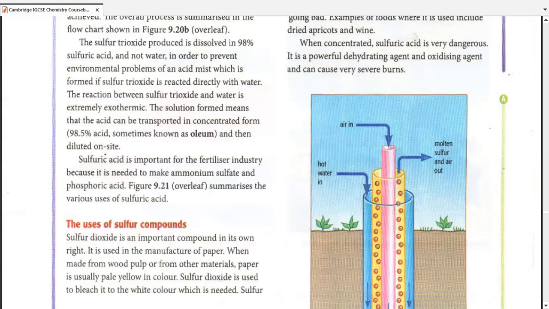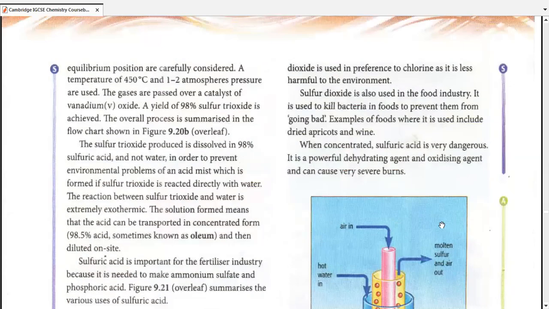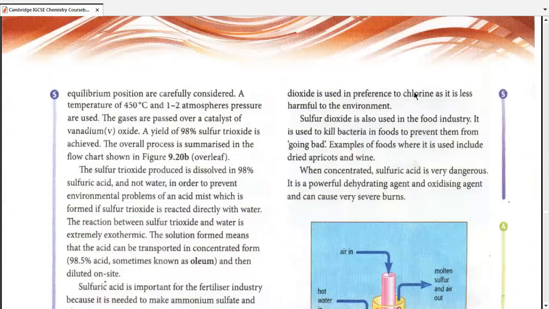This is the first use, that sulfur dioxide is used as a bleaching agent in paper manufacturing. Sulfur dioxide is used in preference to chlorine as it is less harmful to the environment. Chlorine was previously a very good bleaching agent, but it is more harmful to the environment.